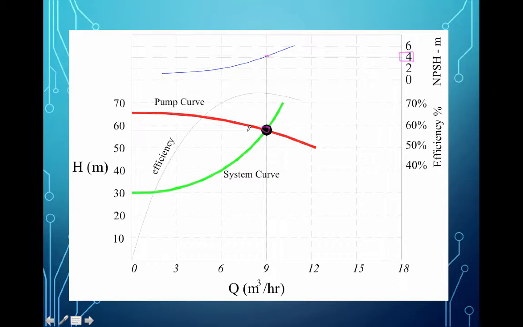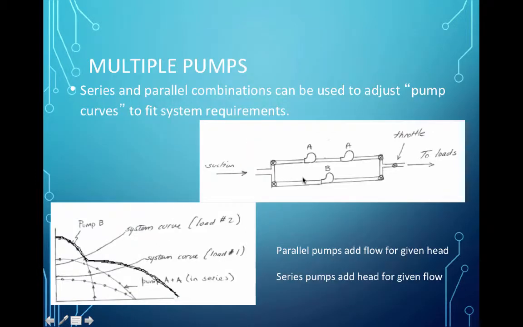Anywhere on this shaded area, that pump will operate. I mean, we could pump water with it, but its efficiency isn't very good. In this case, the sweet spot of efficiency is right about there. So we're pretty close to a most efficient operating point in this particular example.